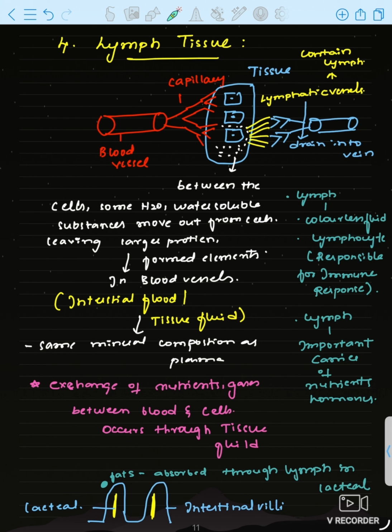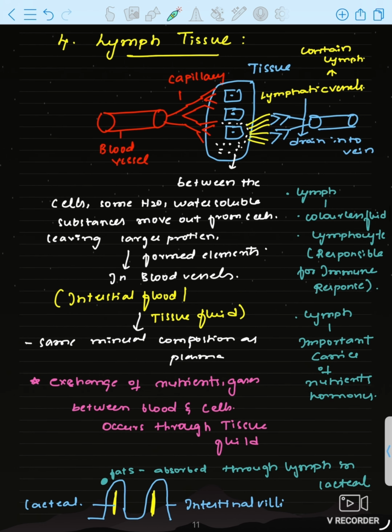What are lymphocytes responsible for? They are responsible for immune response. We discussed this in WBC, right? Lymph is also an important carrier for transport of nutrients and hormones. This is all about lymph tissue.